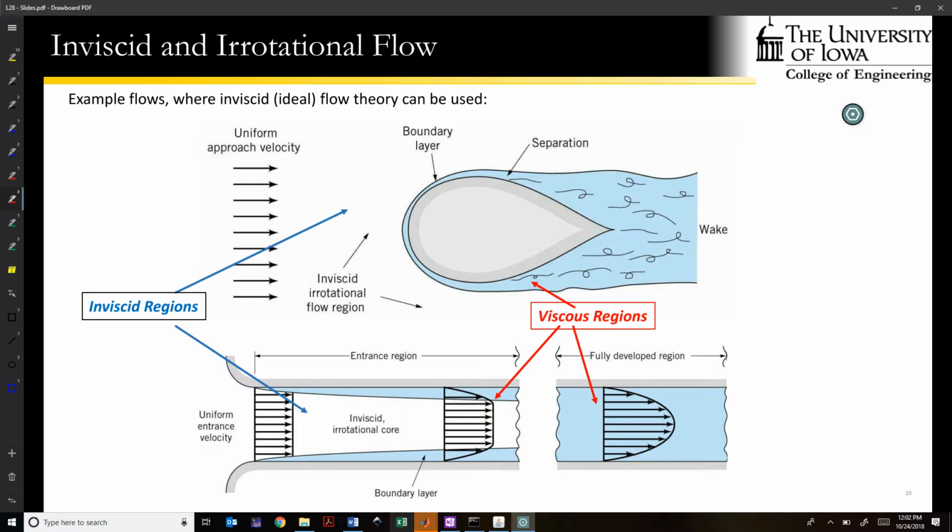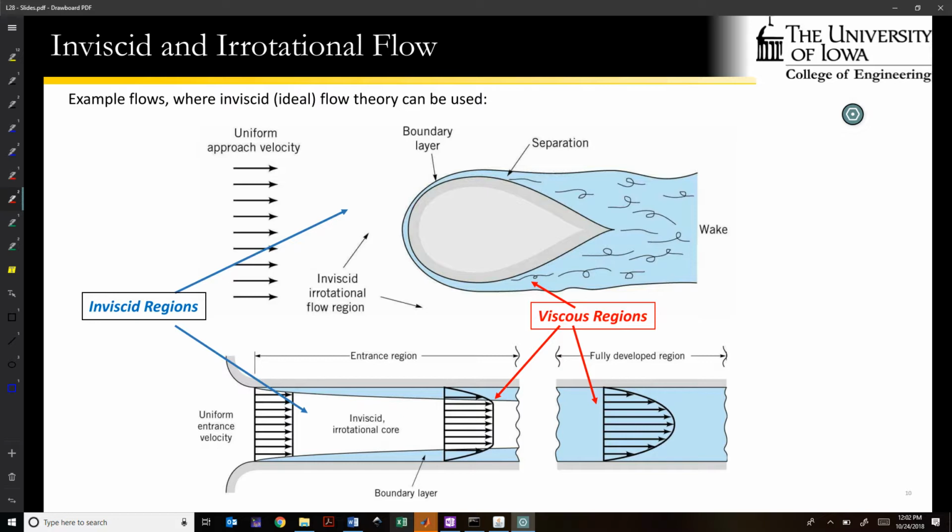And if we're working with a fluid like water or even air at low Mach numbers, we can get away with this idea of incompressible flow. So this means that really, 99% of the fluid that surrounds engineering problems can be described relatively well using ideal flow theory.